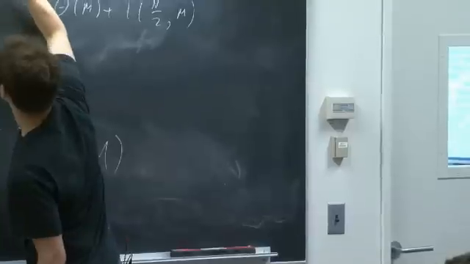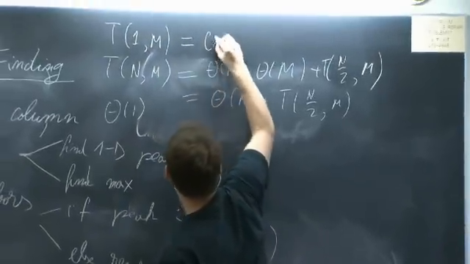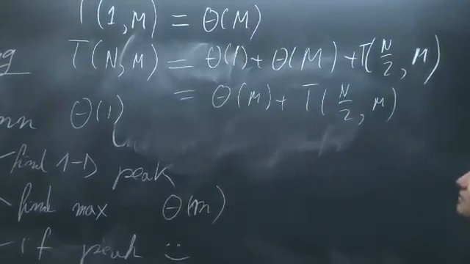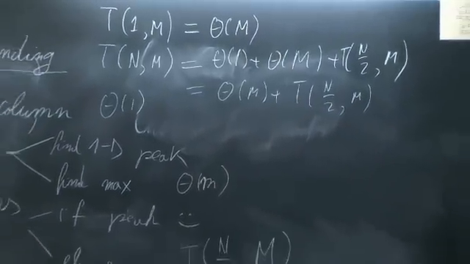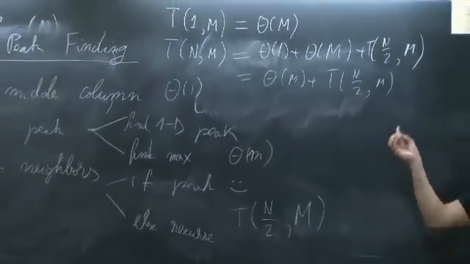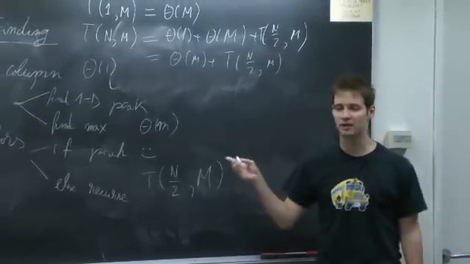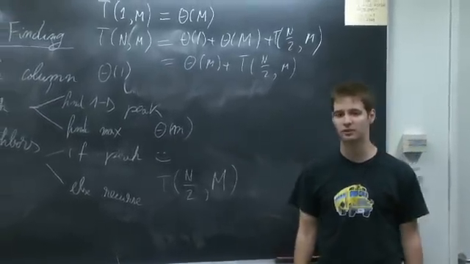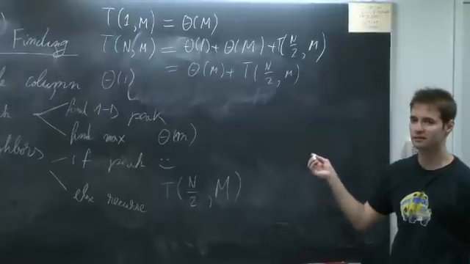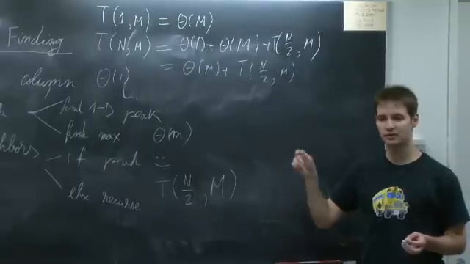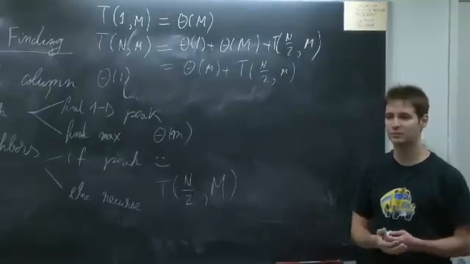Equal to O of m. So if I only have one column, then I can find the maximum, and I know for sure that's going to be a peak. Job done. That's my base case. So I'm going to reduce the problem size in half until I get to a single column. Then I find the peak there, and I'm happy.